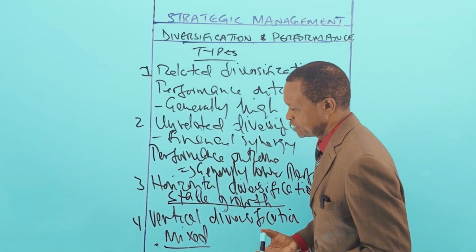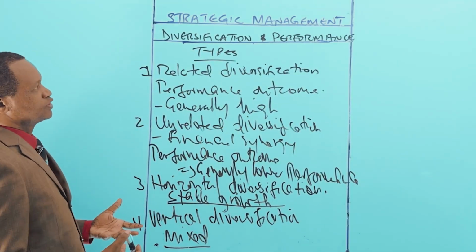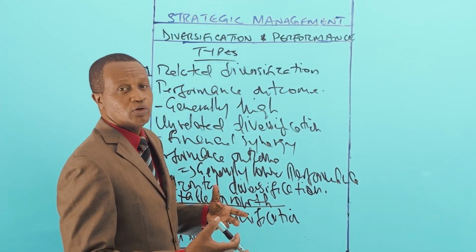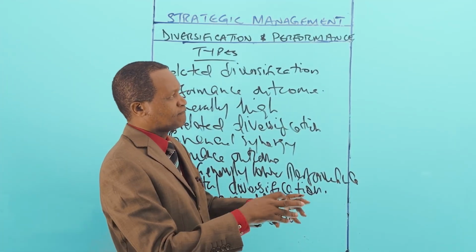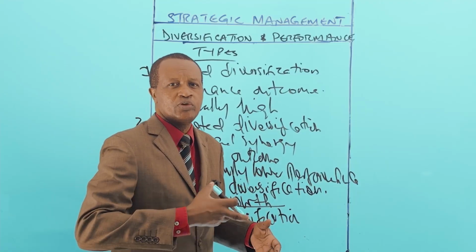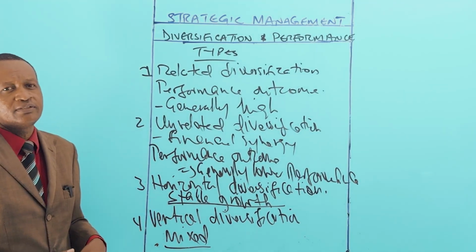And that's the end of our today's lesson on diversification and performance. In this lesson, we've defined what diversification is. We first defined what corporate strategy is. That is diversification. We say diversification means extending the company's operations or investing in new areas, either related or unrelated to the core business.